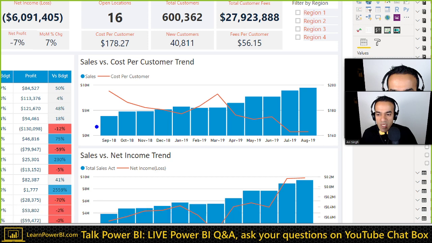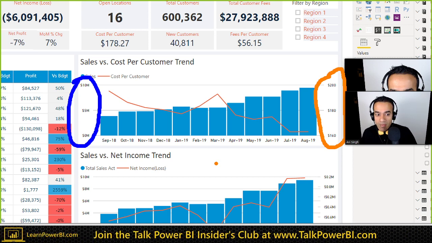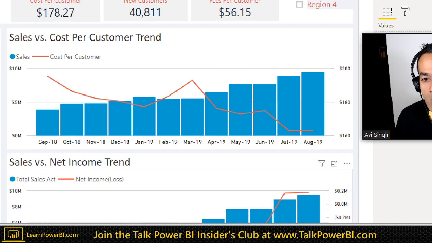If you would ask me, I would say the bars are using this axis and the line is using this axis, sales cost per customer. But this is actually interesting. Can we plant a clue, if somebody wouldn't know, what clue can we use?